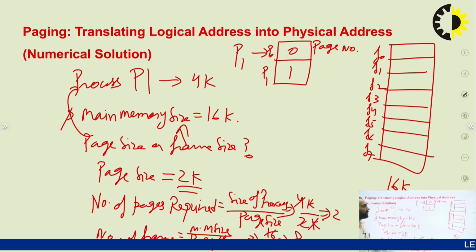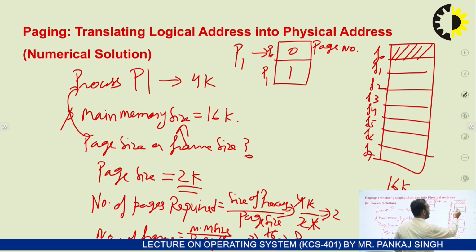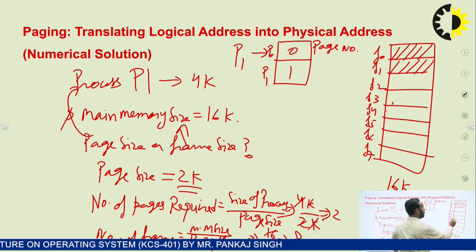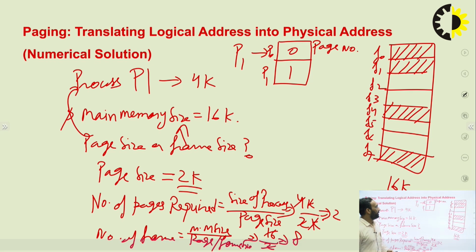In paging, for example, frame 0 is already occupied by some process, frame number 1 is also occupied, frame 4 is also occupied, and frame 7 is also occupied. So where do we place the pages of our process, that is P0 and P1? As I said again, the size is the same, that is 2K.